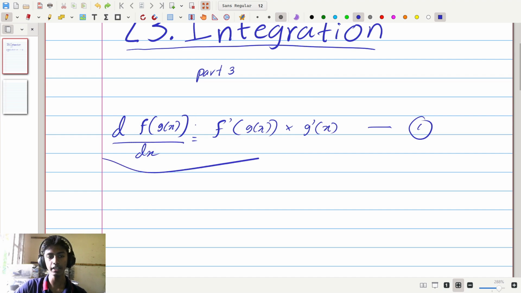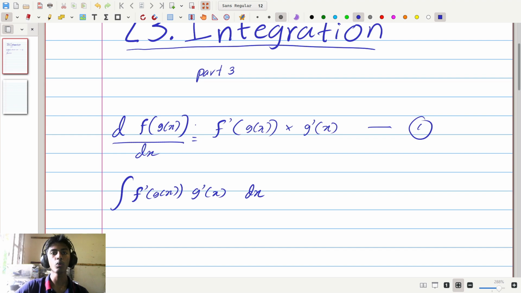Therefore, we can write directly that the integral of f prime of g of x times g prime of x, integrated with respect to x, would be equal to f of g of x plus the constant of integration c. We are going to call this expression 1.